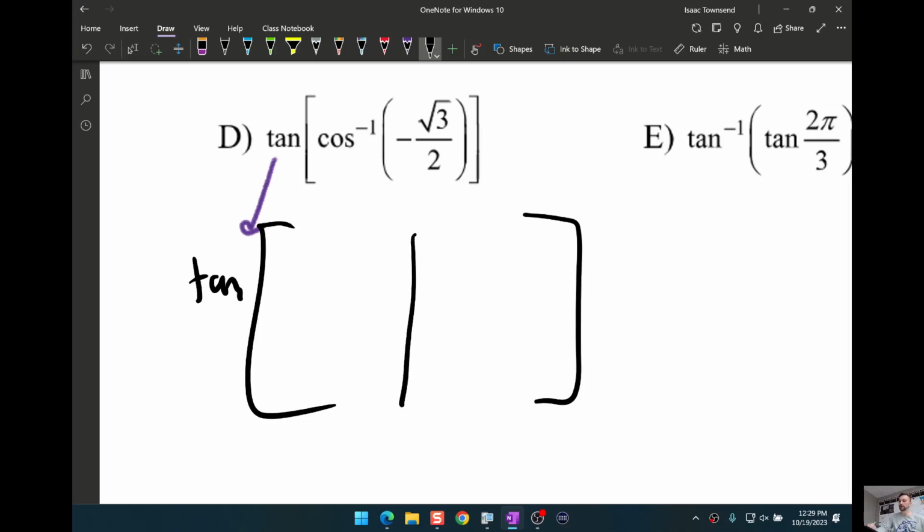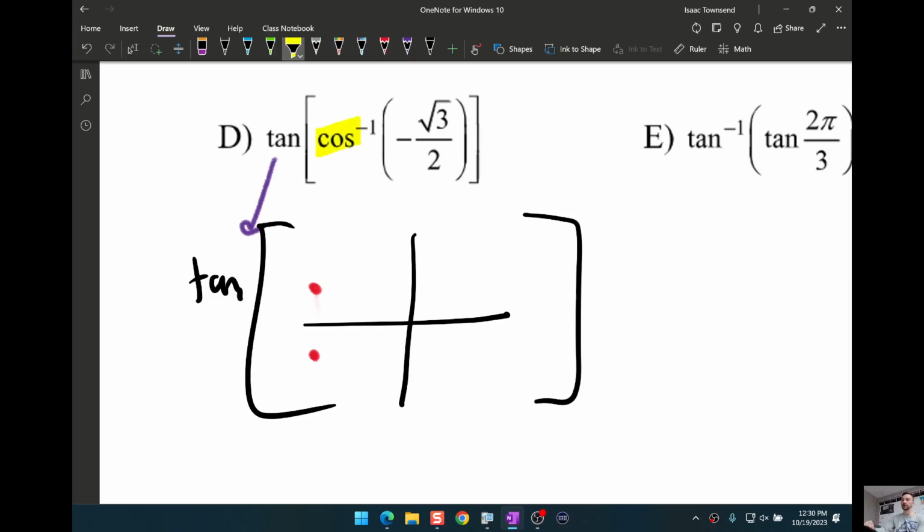Okay, then draw a unit circle, go around, and label the spots where you think cosine is negative square root of 3 over 2. Yep. So that would be here and here.